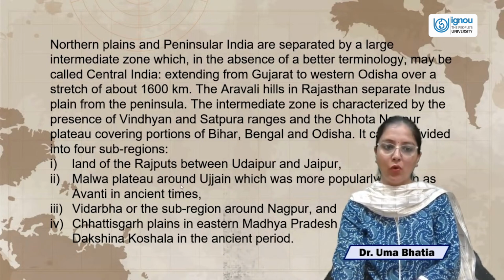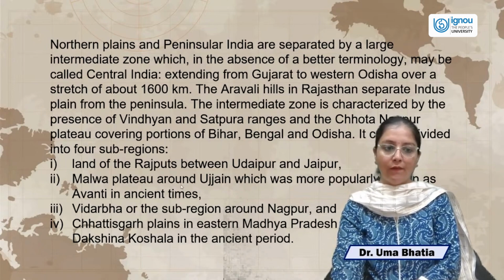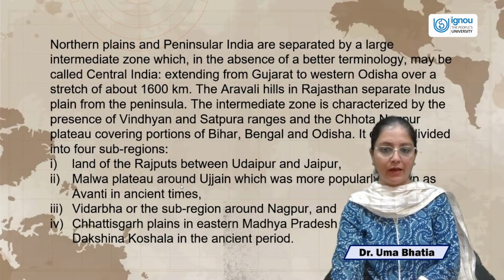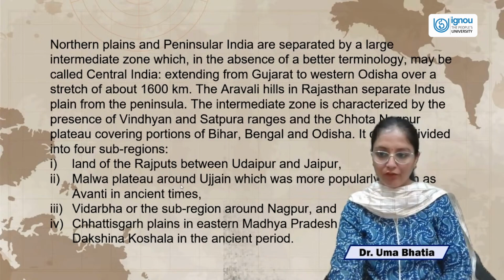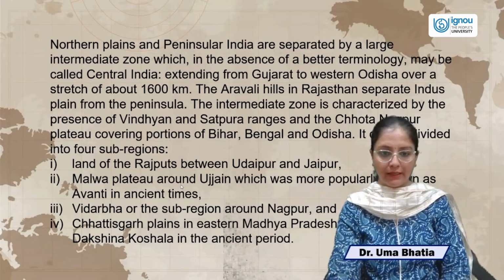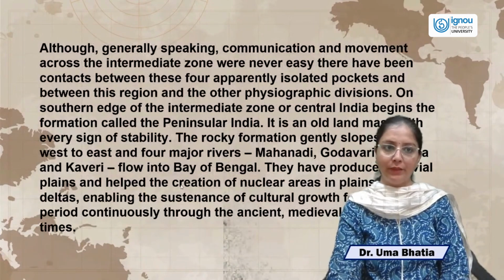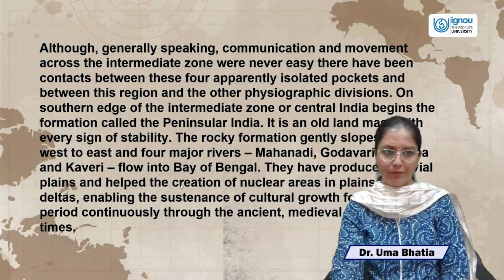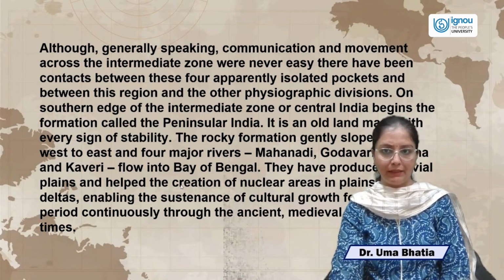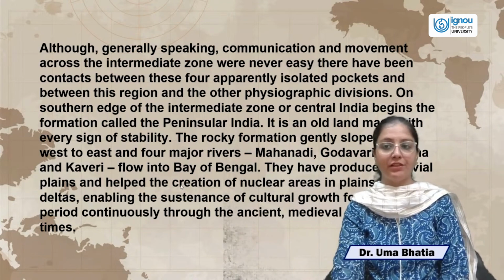It can be divided into four sub-regions: the land of Rajputs between Udaipur and Jaipur, Malwa plateau around Ujjain, Vidarbha sub-region around Nagpur, and Chhattisgarh, plains in eastern Madhya Pradesh, which bore the name Dakshina Koshala in the ancient period. Although, generally speaking, communication and movement across the intermediate zone were never easy, there have been contacts between these four apparently isolated pockets and between this region and the other physiographic divisions.